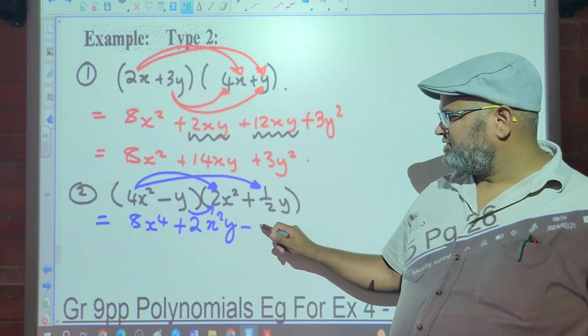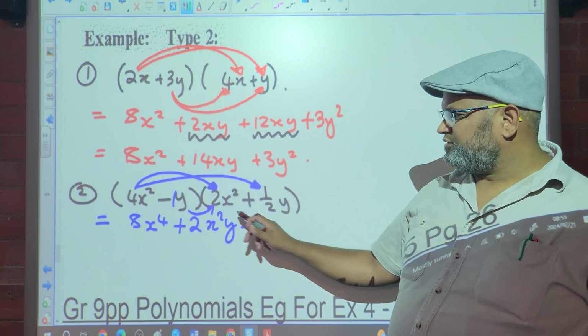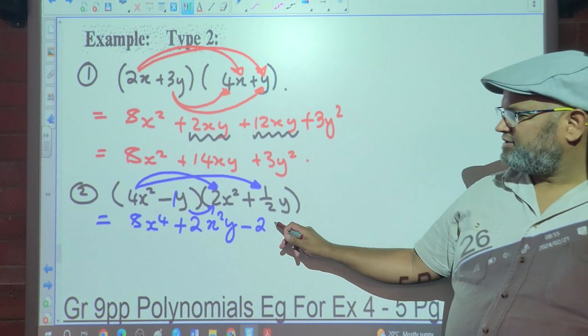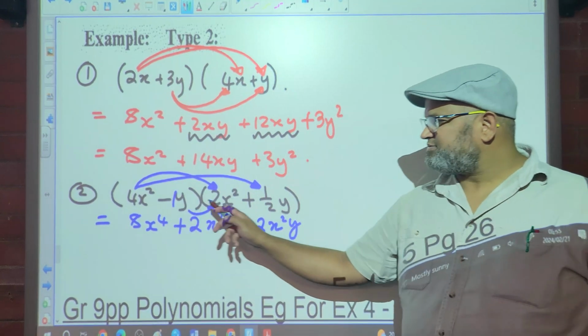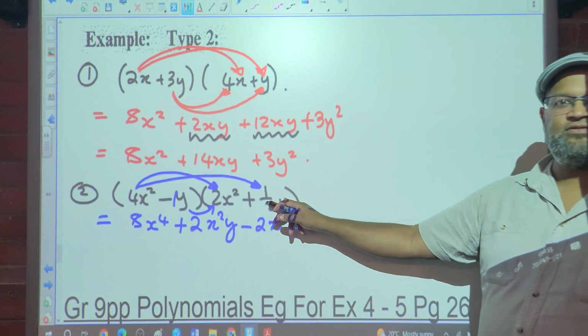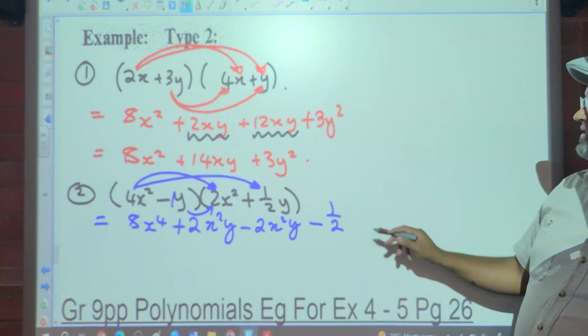Negative. There's a 1 here. 1 multiplied by 2? 2. xy multiplied by x squared? x squared y. Positive times negative? Negative. 1 times half? Half. y multiplied by y?